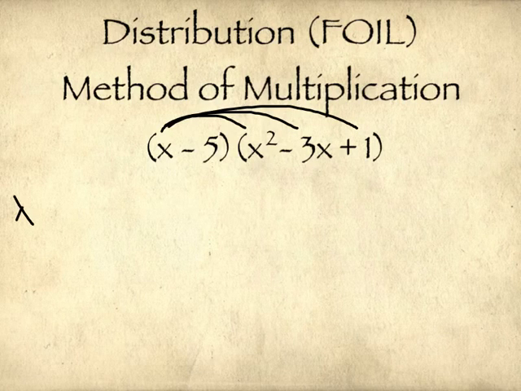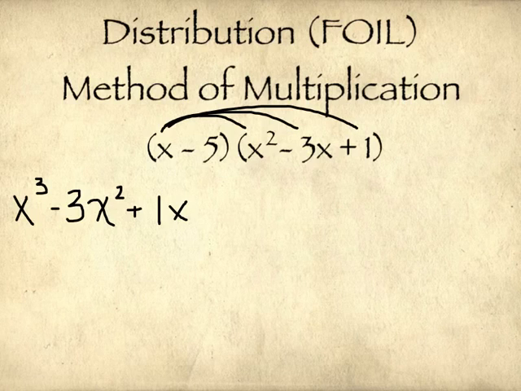X times x squared will get x to the third power. X times negative 3x gives us negative 3x squared. X times 1 will get us 1x.